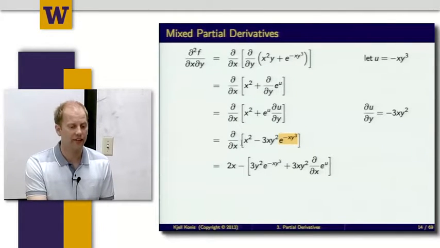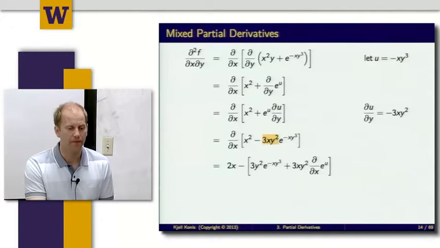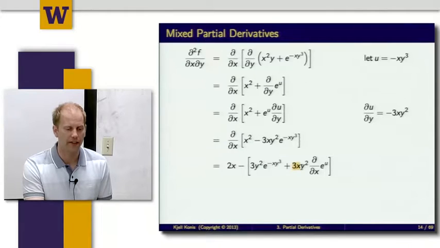I'm taking the derivative now with respect to x. The derivative of the first term is easy. That's just x to the 1, so the x is going to go away. So I end up with 3y squared times the second function, plus the first function, so there's my 3xy squared, times the derivative of the second function.